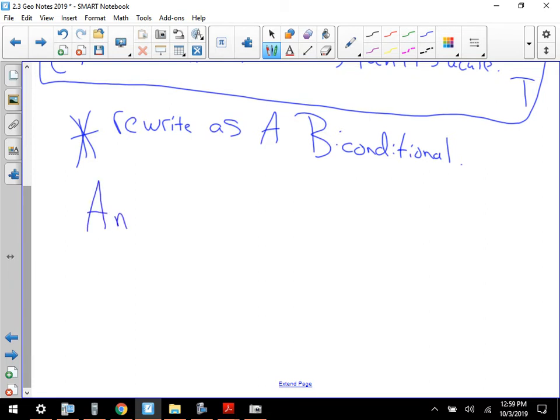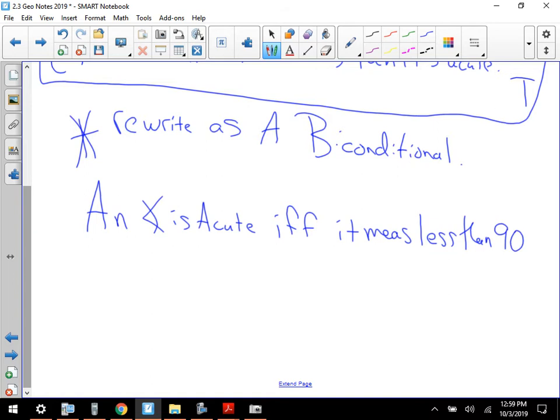An angle is acute if and only if it measures less than 90. If and only if. IFF stands for if and only if.